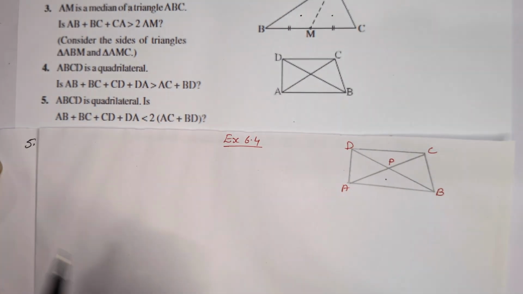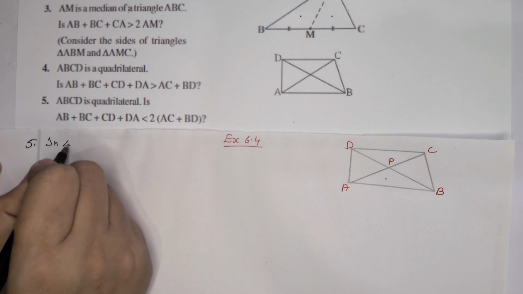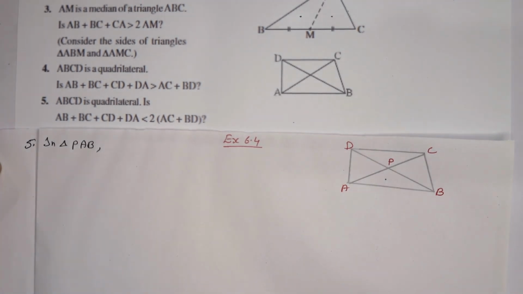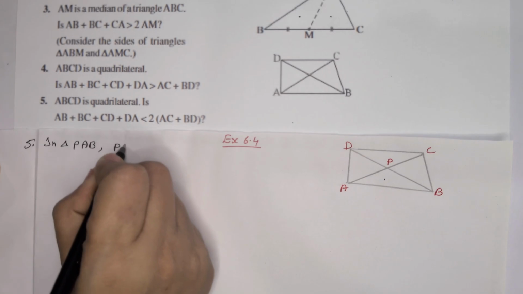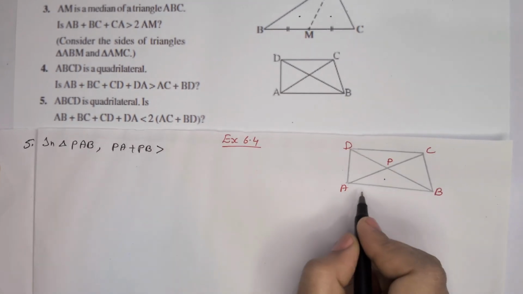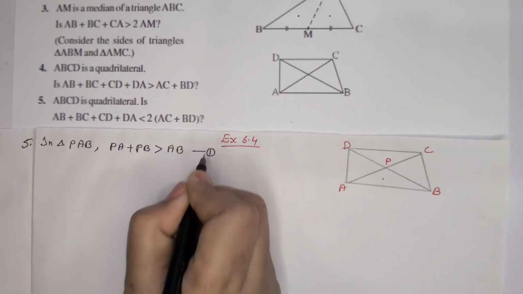Considering triangle PAB, we can write according to the rule, the sum of two sides is always greater than the third side. So PA plus PB is greater than the third side AB. That is equation number 1.